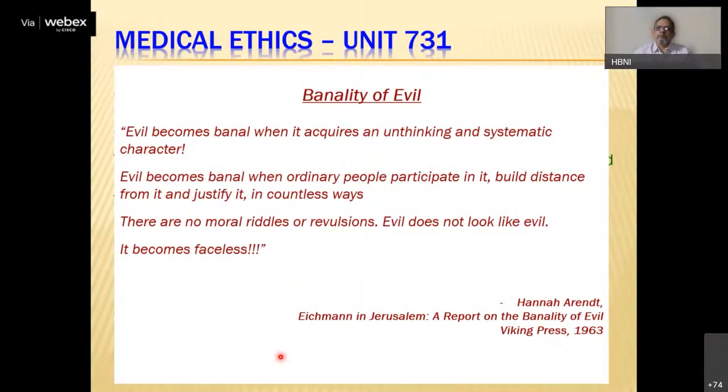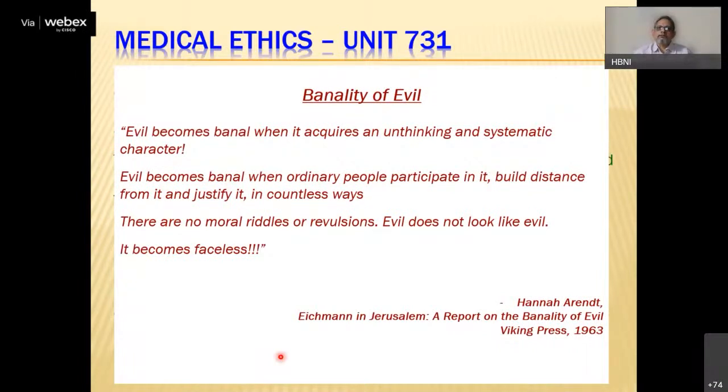She was reporting on the trial of Adolf Eichmann in Jerusalem. Adolf Eichmann was a person in the German Nazi army, and he conducted unspeakable tortures on humans in the concentration camps in wartime Germany.